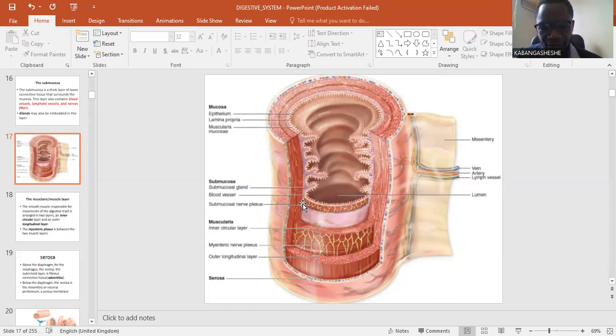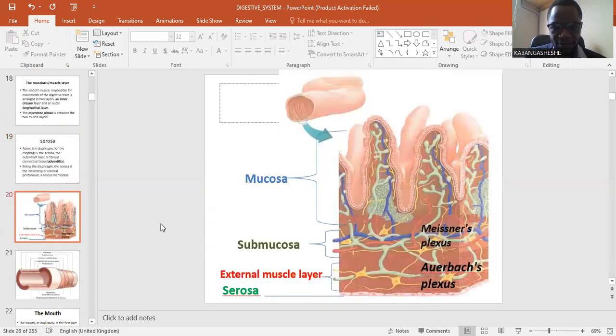Since they are found in the submucosa, they are known as the submucosal or Meissner's nerve plexus. That is the correct spelling here. Meissner's nerve plexus is found in the submucosa.